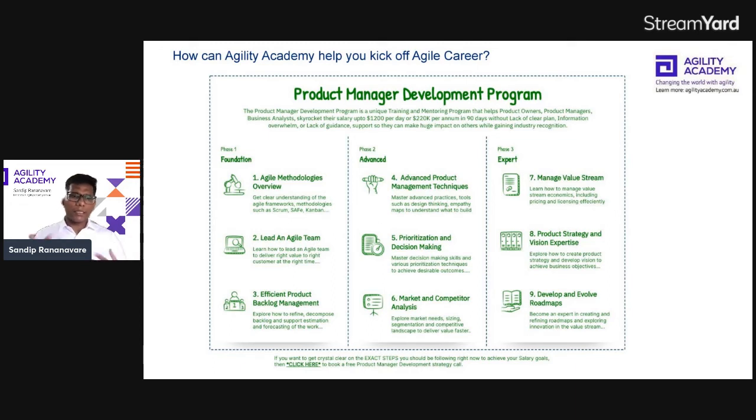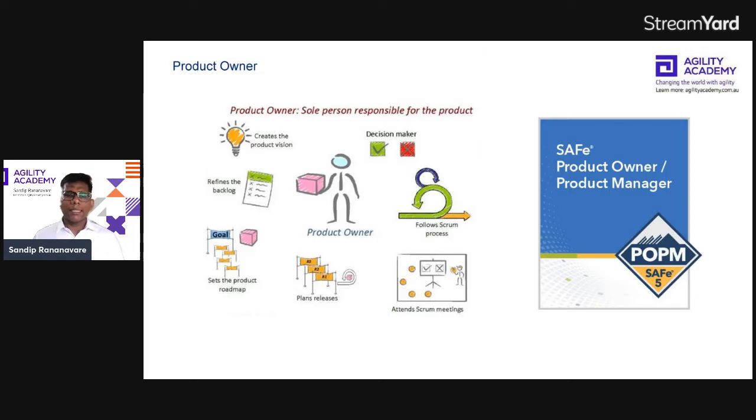Now how it works is that we have got 2 certification courses. It's a face to face, like this, online real time certification training delivered by industry experts. SAFe Product Owner, Product Manager helps you to go through the foundational and advanced phases, gain knowledge, skills, techniques and tools, as well as confidence to become a product owner.